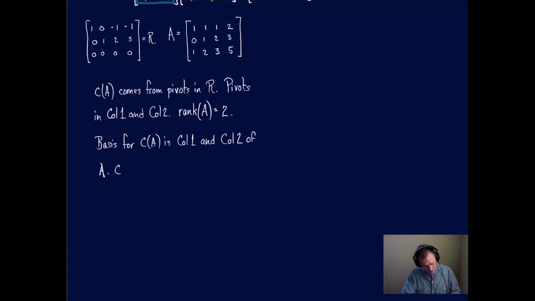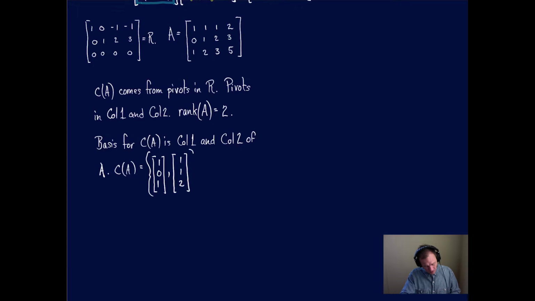We could say that the column space of A is equal to the vector 1, 0, 1. And the vector, this is the basis, 1, 1, 2.